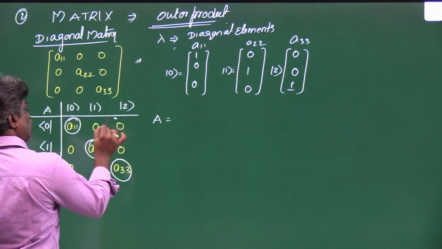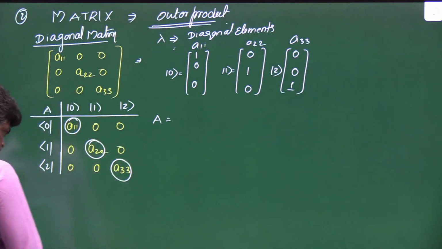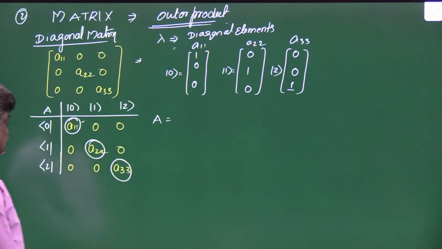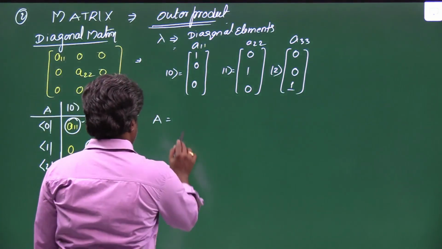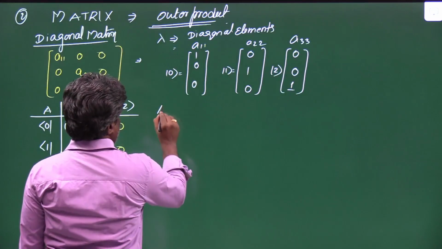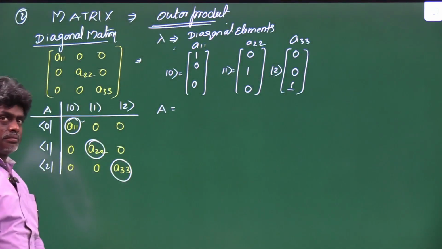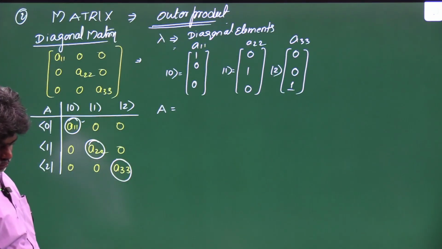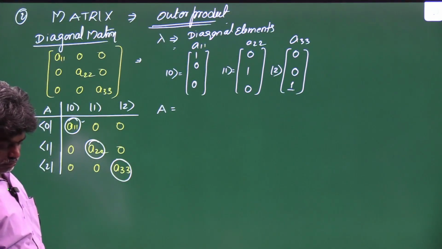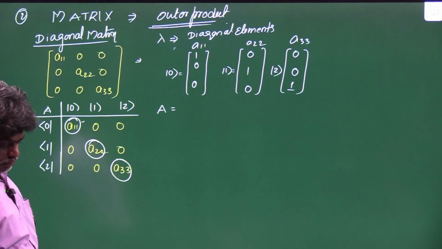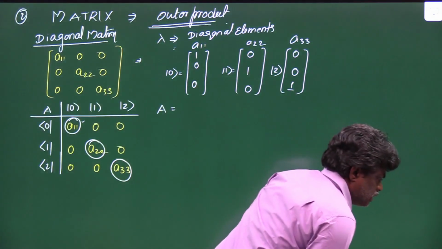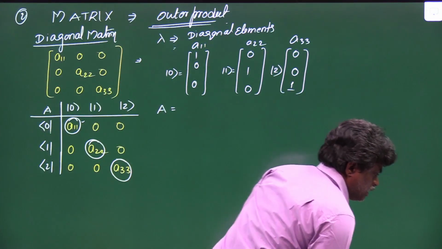No need to consider 0, leave it. Only consider non-zero elements. Right, 0, 0, right, 2, 2, correct, that's it.